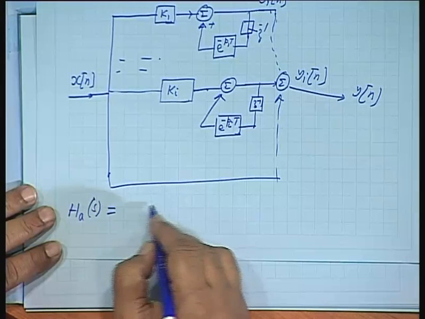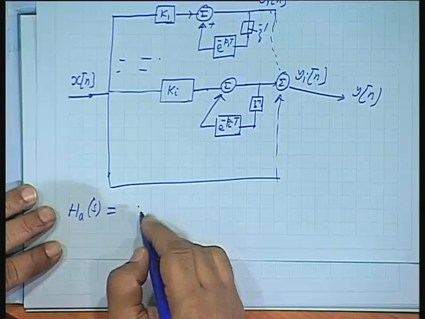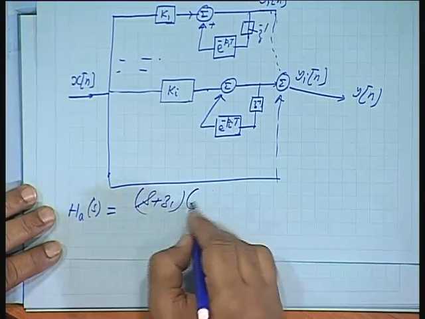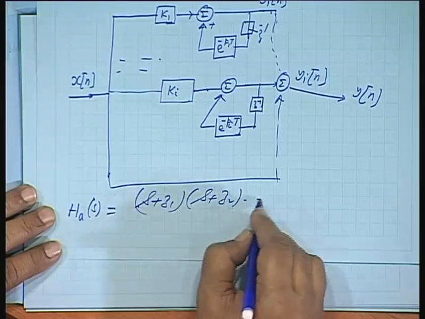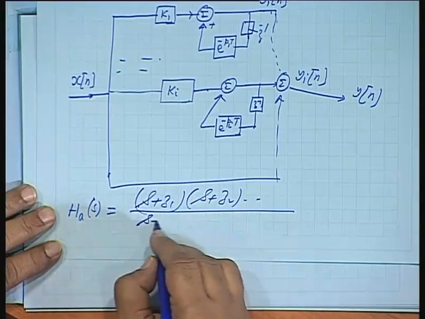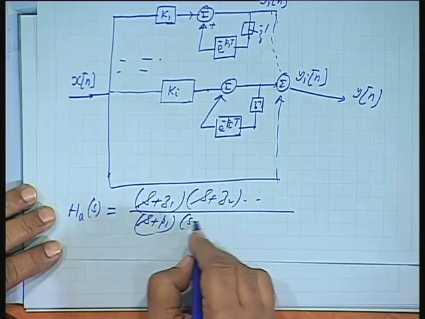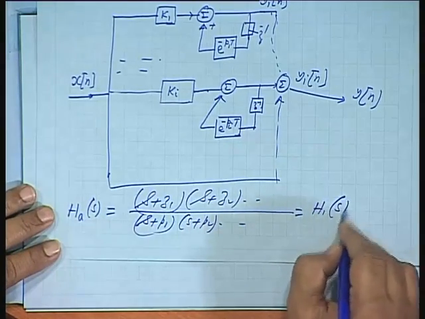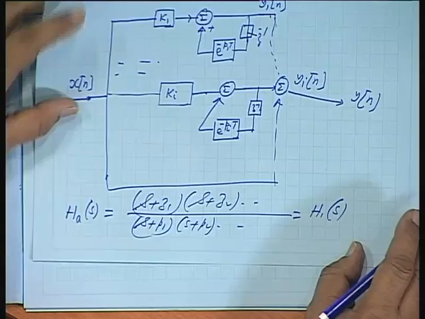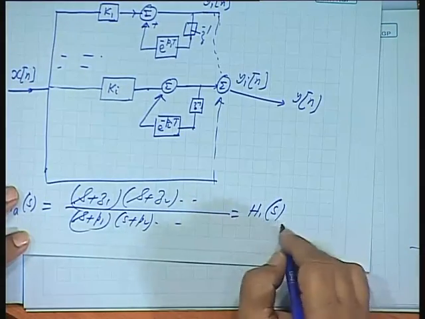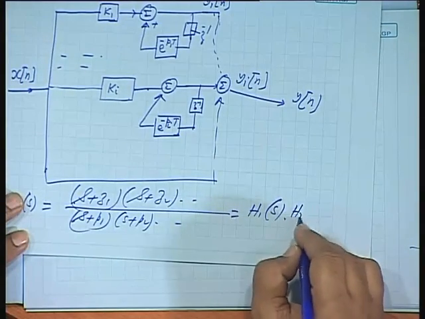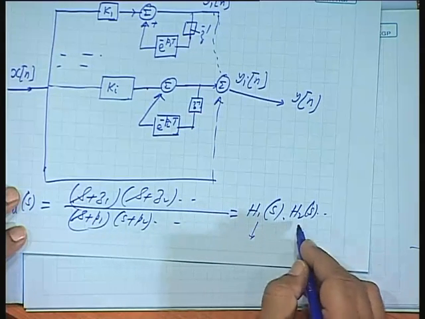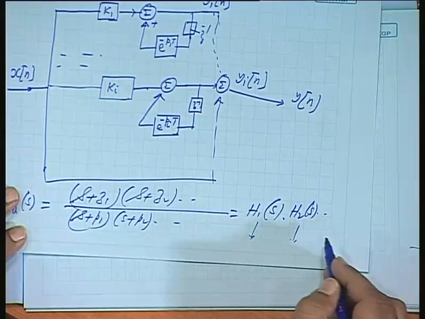H(s) is (s plus z1) into (s plus z2), over, one may suggest, (s plus p1) into (s plus p2) and so on. I can write this as a product of first order factors, (s plus p1), (s plus p2) in the denominators, H1(s), H2(s) and so on. Can I realize H1(s) and H2(s) in cascade? Can I put them?